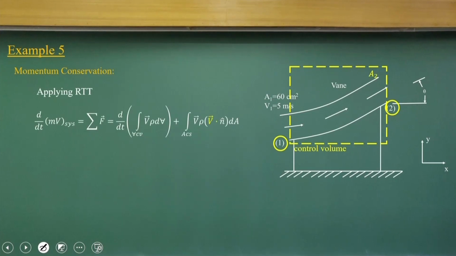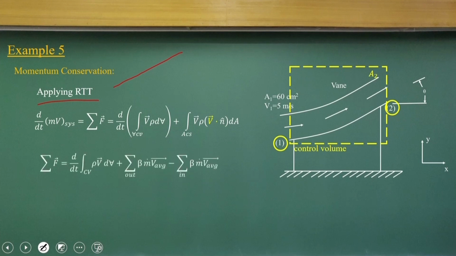Now, we need to apply the momentum conservation equation, applying the Reynolds transport theorem to compute the force. First, again steady flow conditions, which is the standard assumption we have been making to simplify the problems.